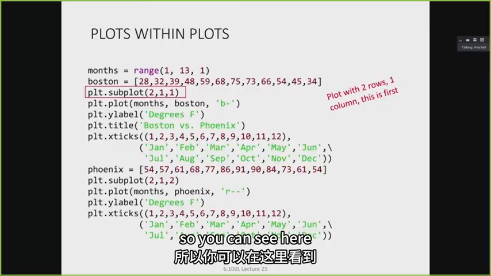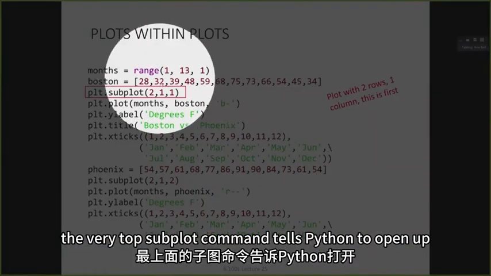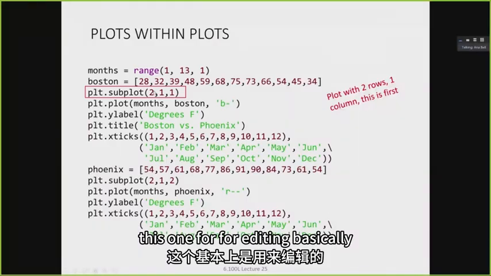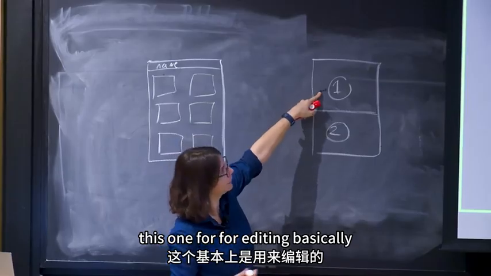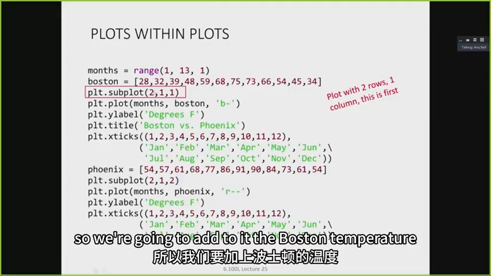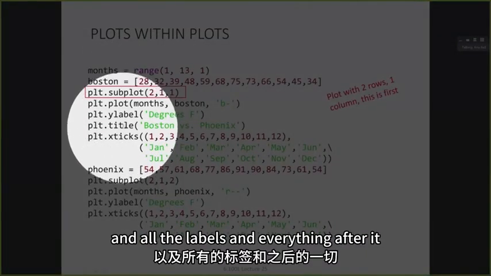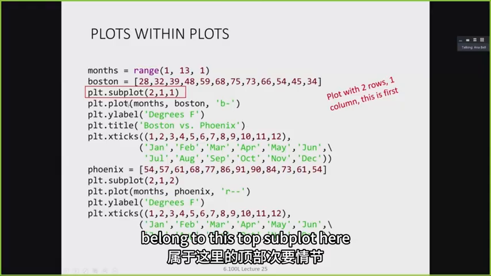So you can see here, the very top subplot command tells Python to open up this one for editing, basically. So we're going to add to it the Boston temperature. So all the plotting commands and all the labels and everything after it belong to this top subplot here.